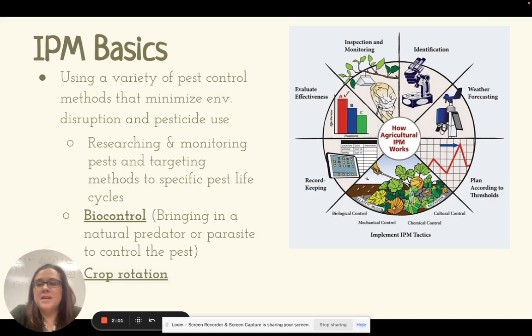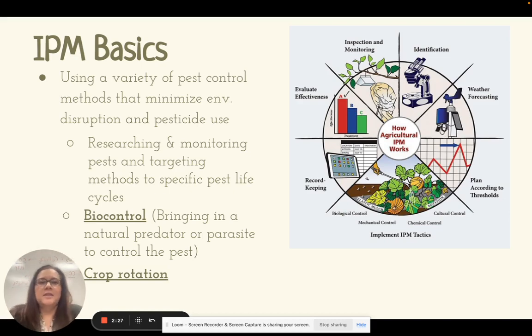The other thing that we can do is we can rotate crops. So if we rotate crops, let's say one particular bug likes the corn, and they feed on the corn one year and they lay their eggs, and the eggs are set to hatch next year. Those eggs, or those larvae, maybe specifically need to eat that one plant that it was laid by. If the following year, when those eggs hatch, we have a different plant planted there, they don't have a food source, right?